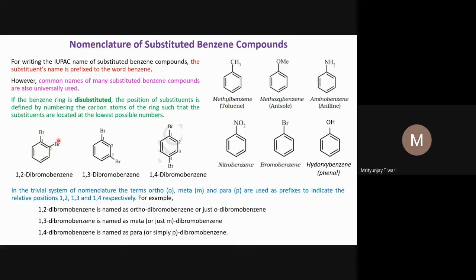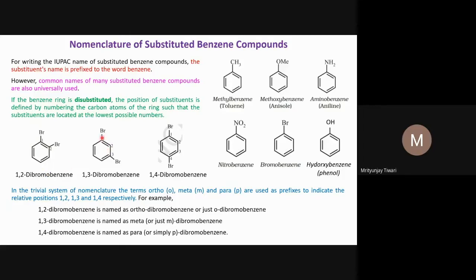So that numbering is not preferred. This will be the numbering as per the IUPAC rule. So this will become dibromo. These bromine groups are at first and second position, so it will become 1,2-dibromobenzene.